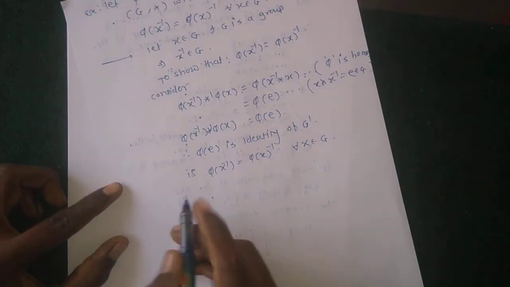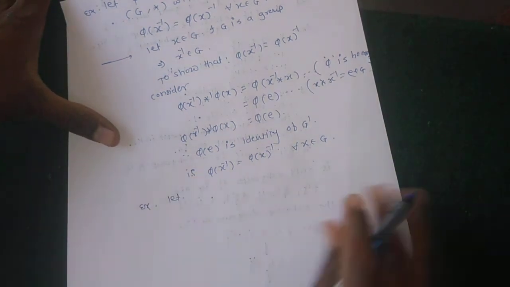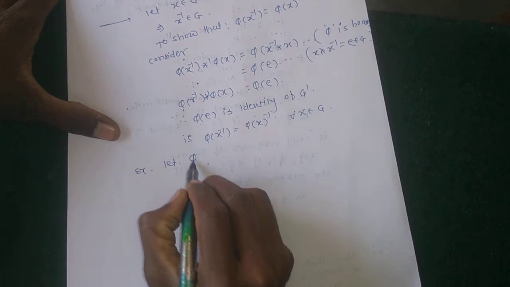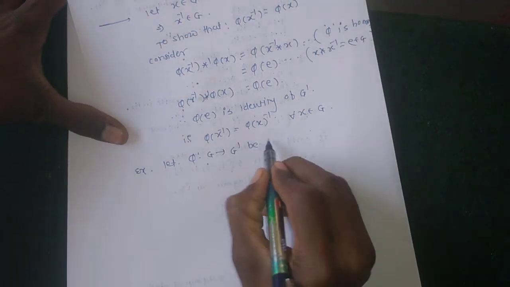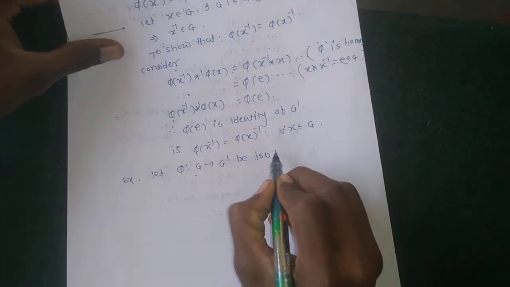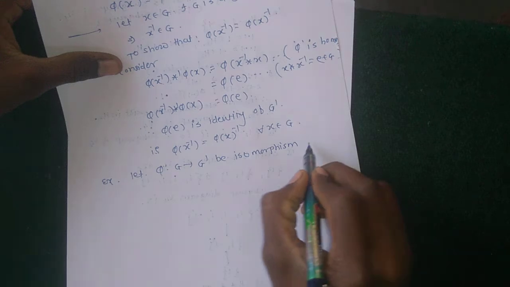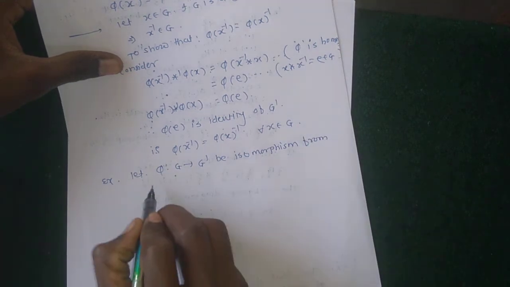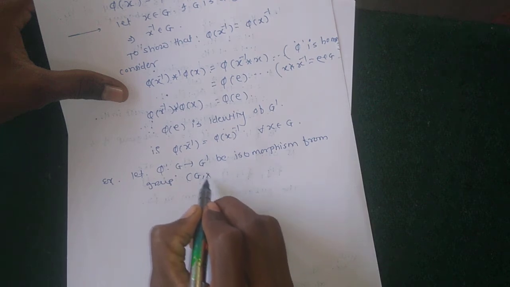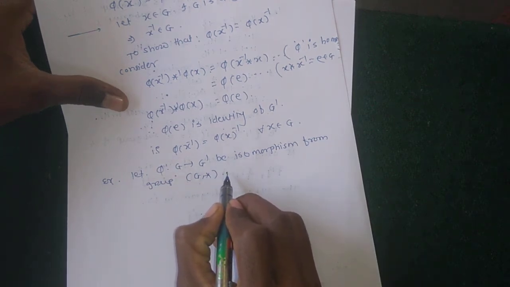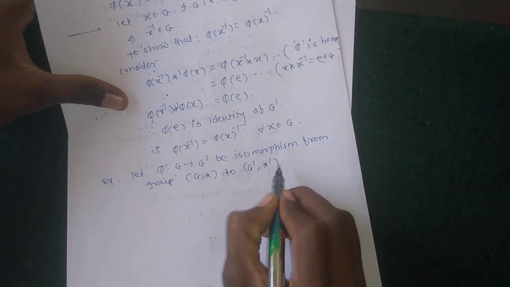So then again, next example. Let phi from G to G dash be an isomorphism from group G with respect to star to G dash with respect to star dash.